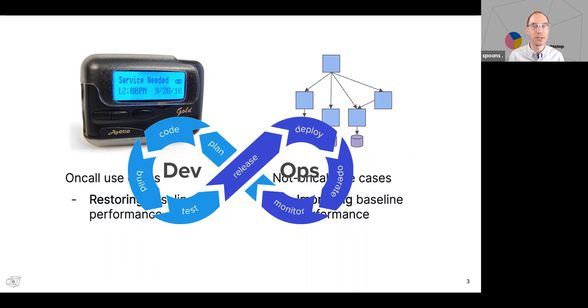If these are the same tools that we're using to improve baseline performance, that allows us to build understanding, familiarity, and confidence in those tools when we move to trying to restore baseline performance. And like I said, it's not necessarily an urgency thing, but we definitely feel urgency when we're on call often.